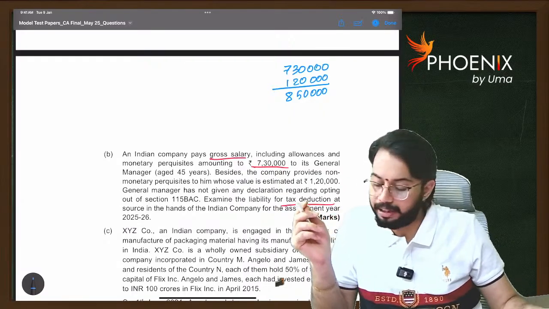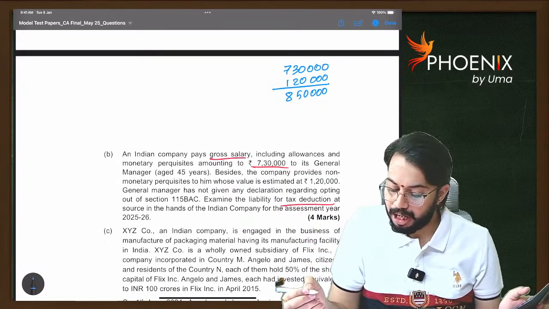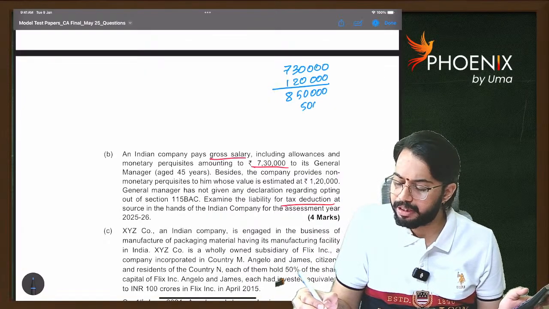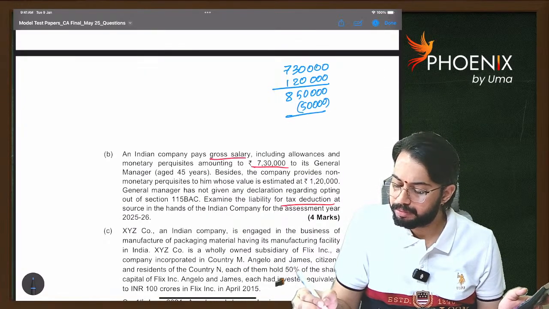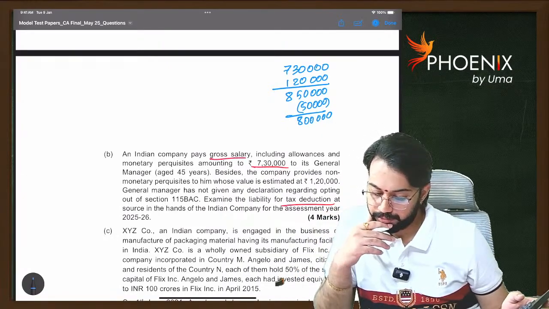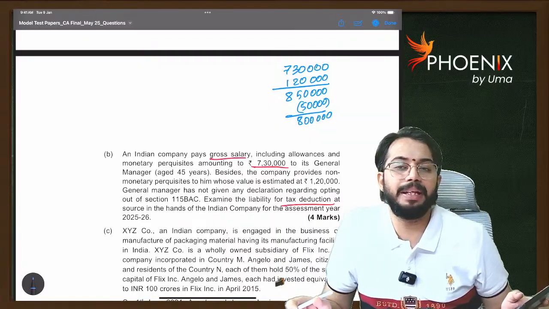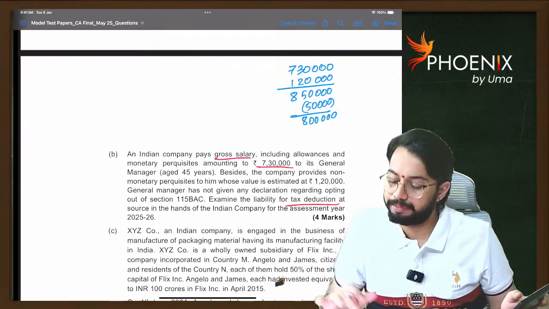On 8,50,000, you can claim standard deduction of 50,000. Correct? It will be 8 lakhs. So on this 8 lakh rupees, tax will be collected.